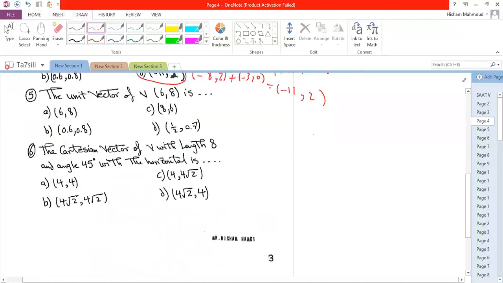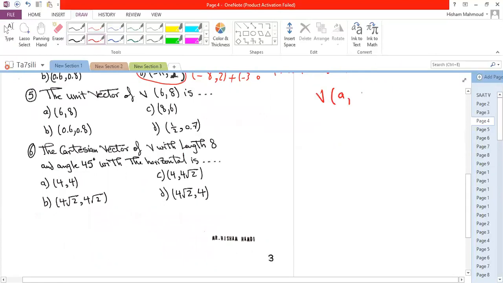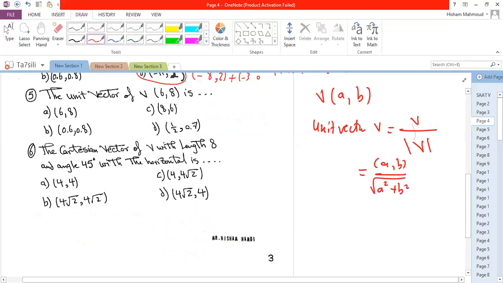How can we find the unit vector? If you are looking for the unit vector of any vector, for example, you have a vector V with components A and B, and you want to find the unit vector of V, it's equal to V divided by the magnitude of V. V is (A, B), and the magnitude of V means the square root of A squared plus B squared. Let's apply it.